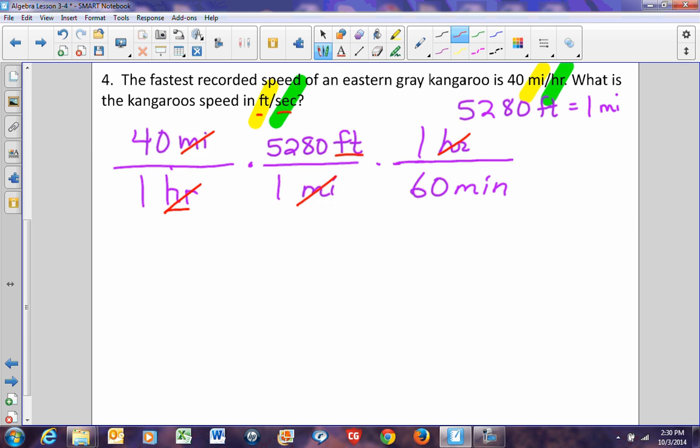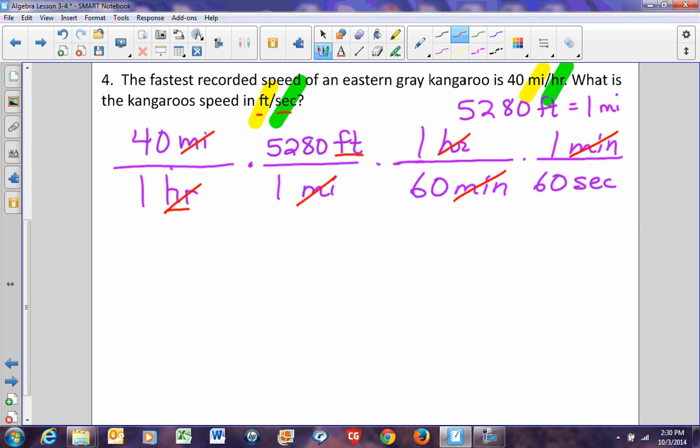Now I have feet per minute, but I need feet per second. So now I'm going to multiply by, there are 60 seconds in a minute. 60 seconds has to go in the denominator because I need the minutes to cancel out, so 1 minute will go on the top. Now those minutes have canceled out.